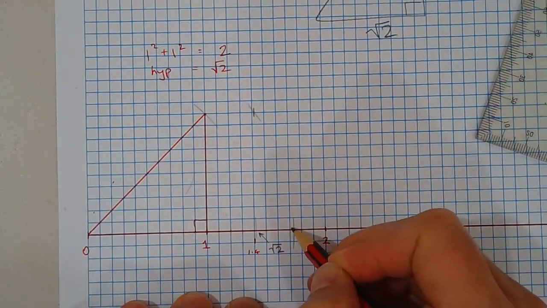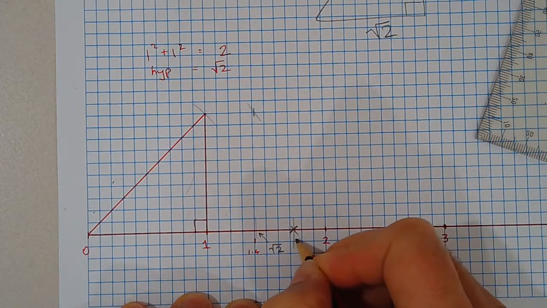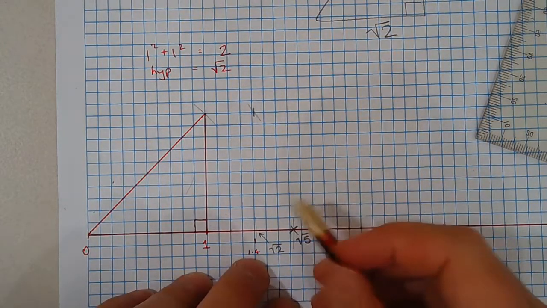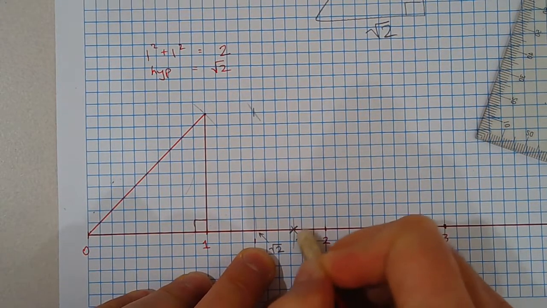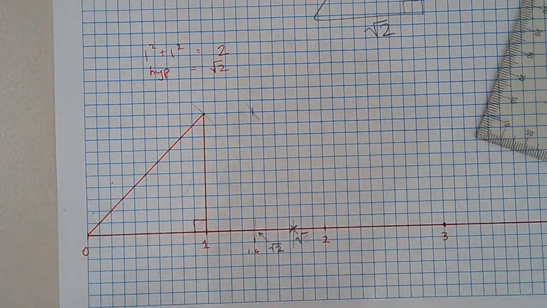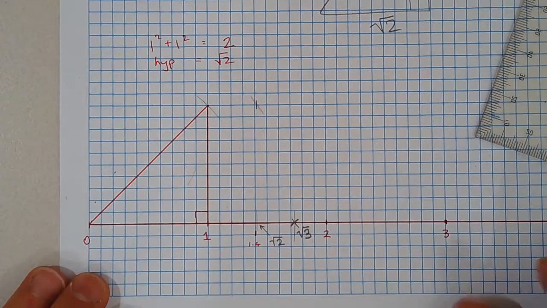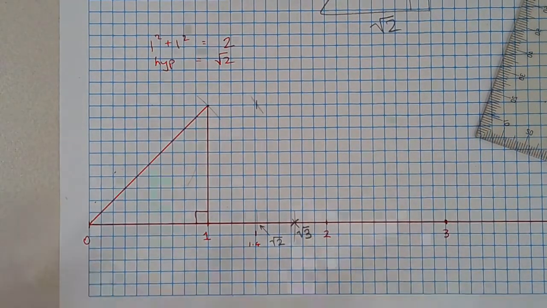So this mark here would represent, oops, that's the square root of 3. We'll get to the square root of 5 if we can. Sorry, this is the square root of 3 just there. Square root of 3, what's that, about 1.73?